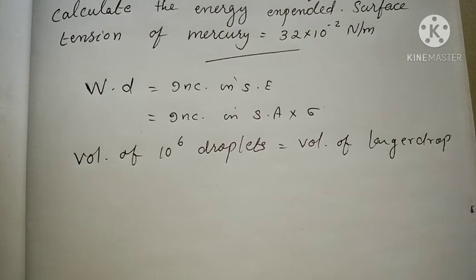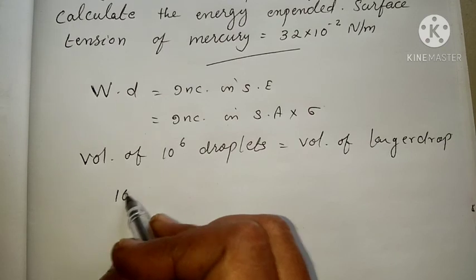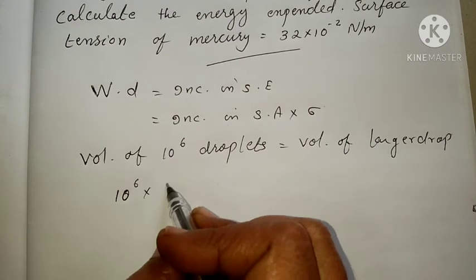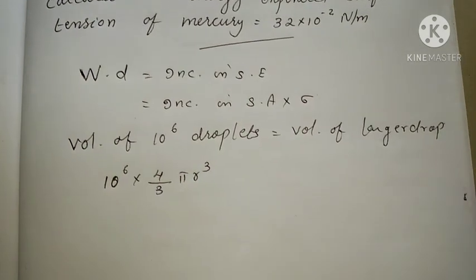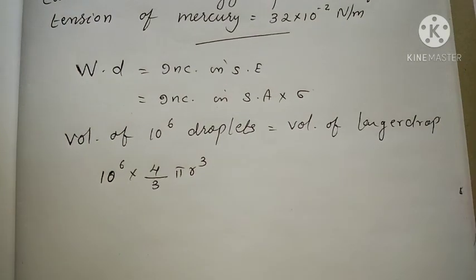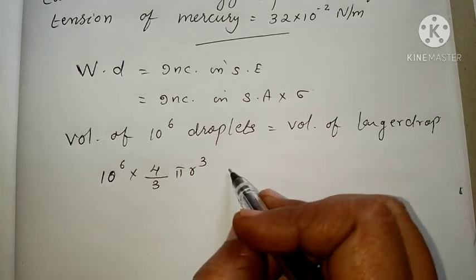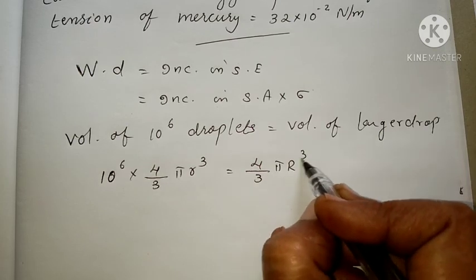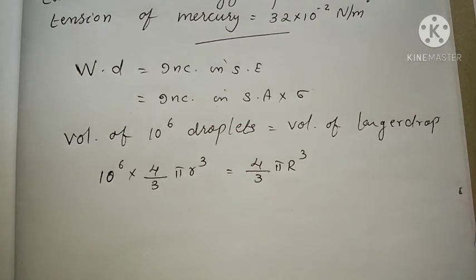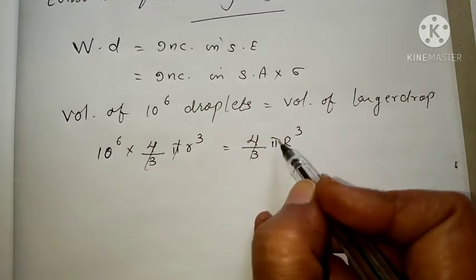Okay. So what is the volume of 10 raised to 6 droplets if small r is the radius? So we can write 10 raised to 6 into 4 by 3 pi r cube. That is the volume. Small r is the radius of the droplets. Then if capital R is the radius of the larger drop, then we can write 4 by 3 pi R cube. Then from this we can cancel 4 by 3 pi and 4 by 3 pi.